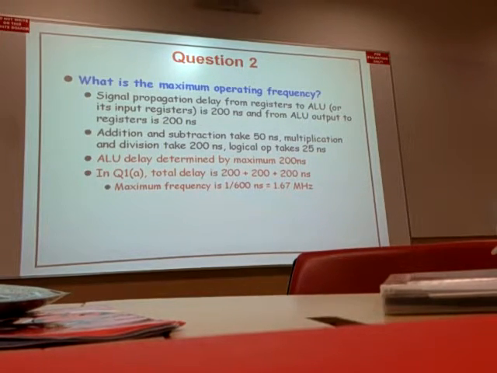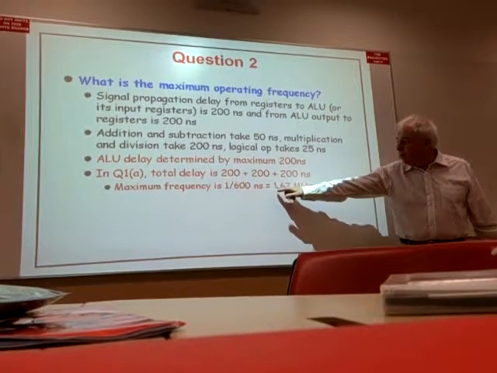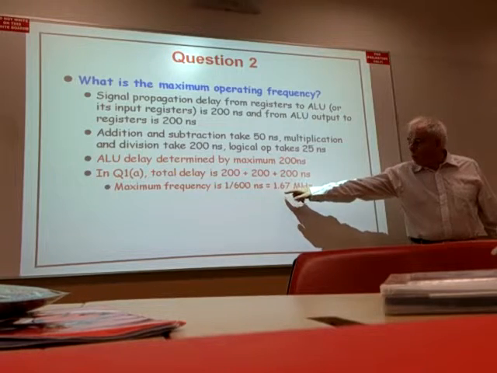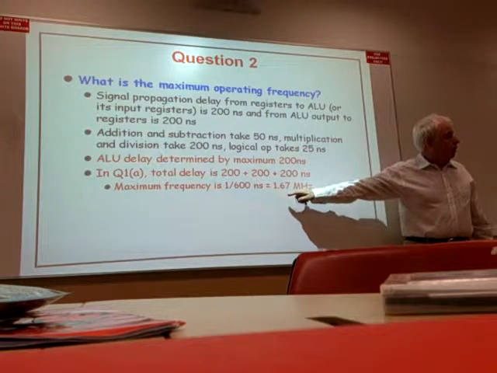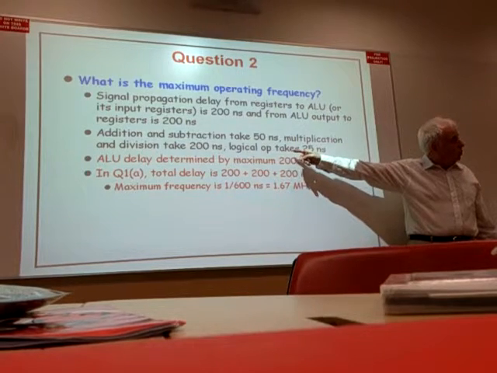Yeah, but that's the minimum frequency that the clock needs to operate at. It's not the maximum frequency. Well, no, it is the maximum, because you could operate below 1.67 and still be able to carry out all of these operations.